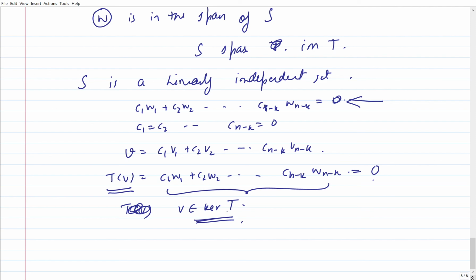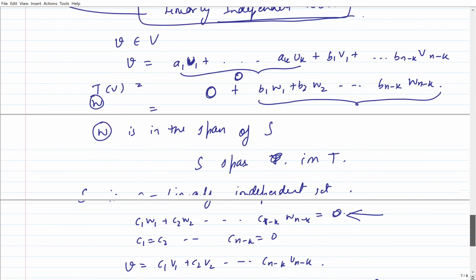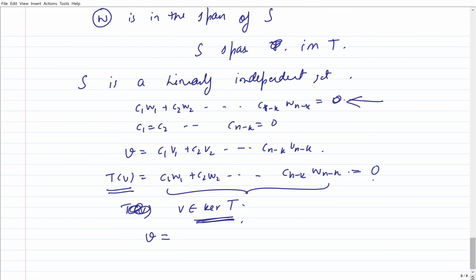So if V belongs to the kernel of T, we can write V as a combination of the basis vectors we use for the kernel. So this represented the kernel, remember? Once we have the basis vectors for the kernel, I'll just express V as some A1 U1 plus A2 U2 up to AK UK.